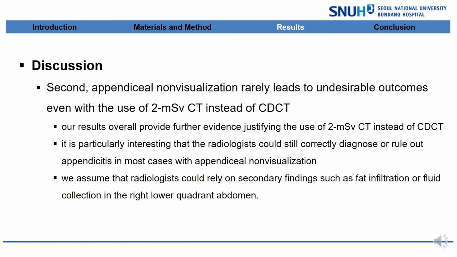Our research provides further evidence justifying the use of 2 millisievert CT, and it is particularly interesting that the radiologists could still correctly diagnose or rule out appendicitis in most cases with appendiceal non-visualization. We assumed that radiologists could rely on secondary findings such as fat infiltration or fluid collection in the right lower quadrant of the abdomen.